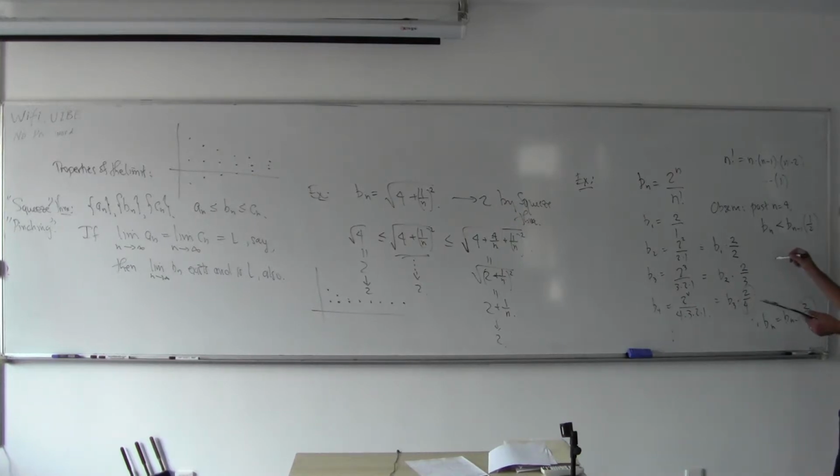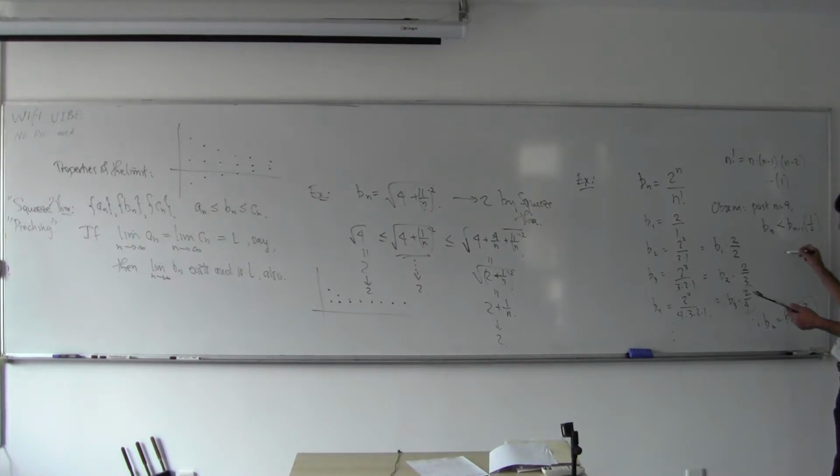Okay. So what you see is that past n equals 4, b sub n is smaller than b3 times 1 over 2 to the n minus 3. Right?